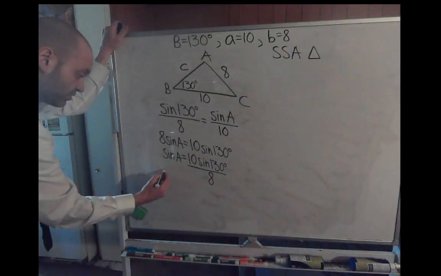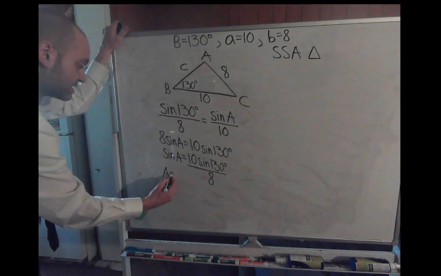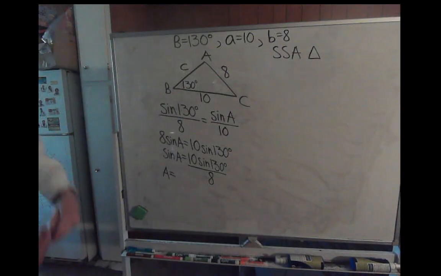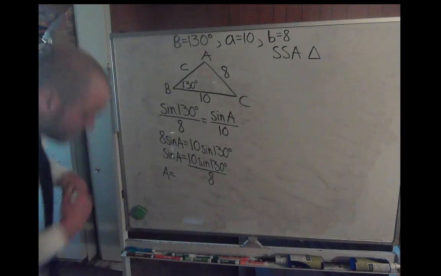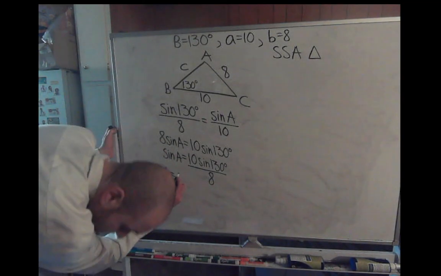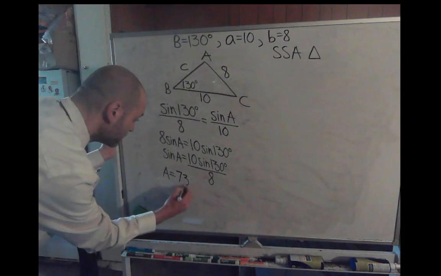So A would equal the sine inverse of all that. So let's see what we get. And you end up getting about 73.25 degrees.